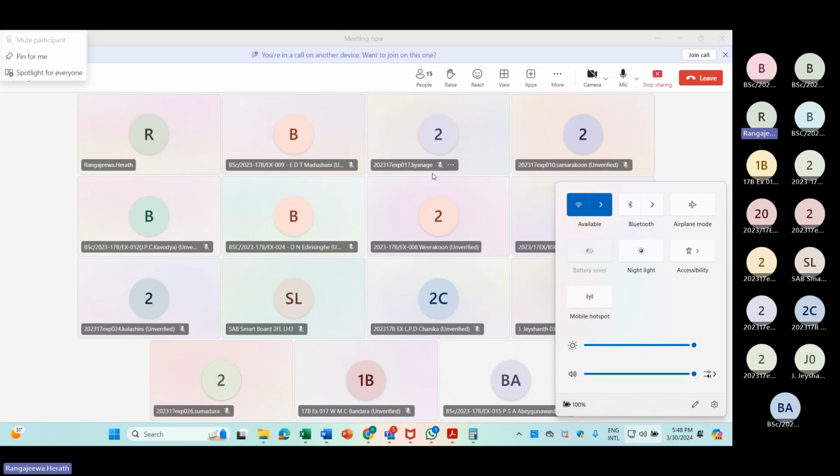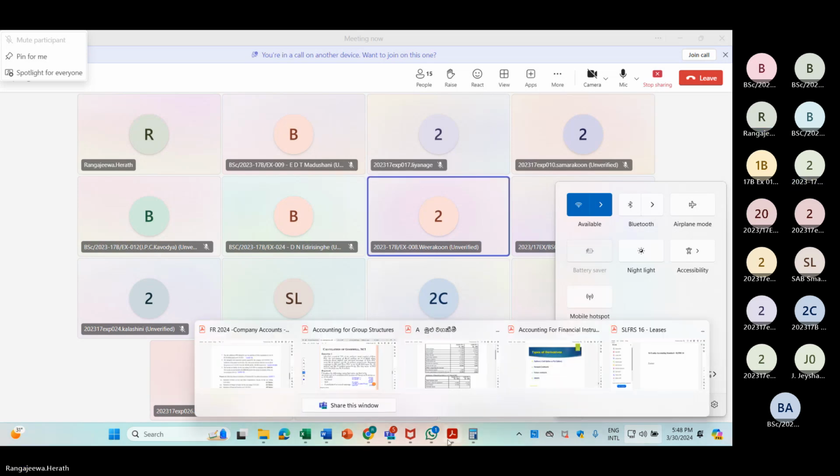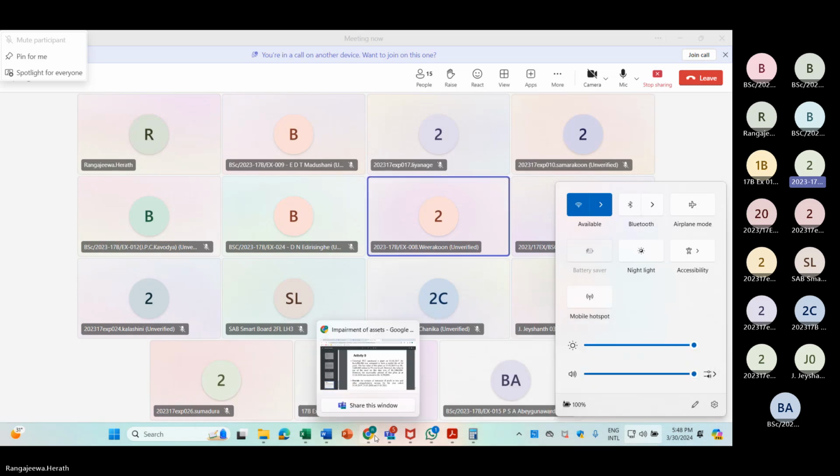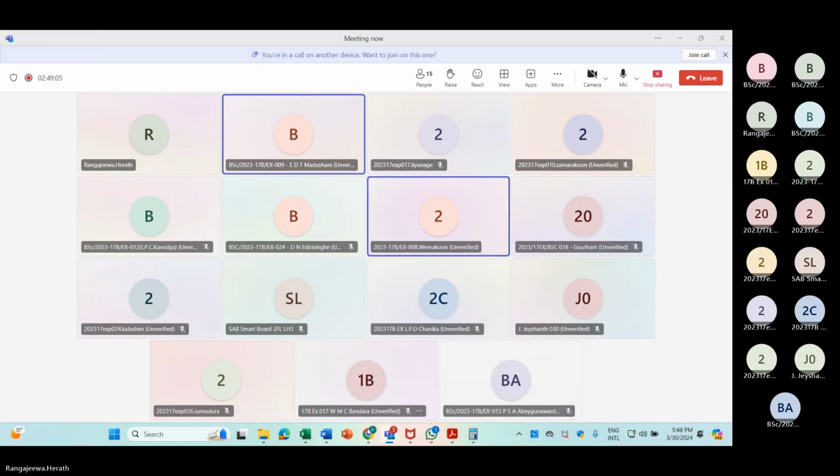Sorry, can you repeat it? Investment ratios, did we discuss? Investment ratios. We didn't discuss the investment ratios. I think no. Yes, sir.